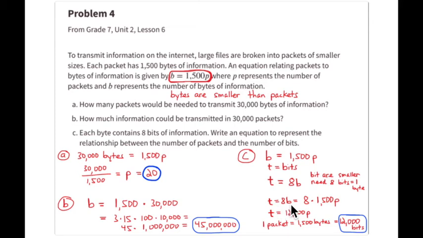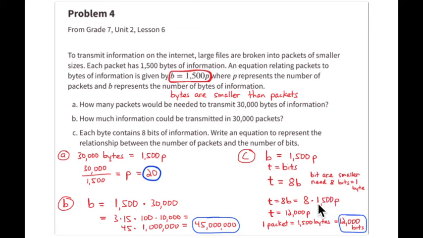So for every byte, you get 8 bits. So if the number of bytes is 1,500 times the number of packets, then the number of bits is going to be 8 times that.